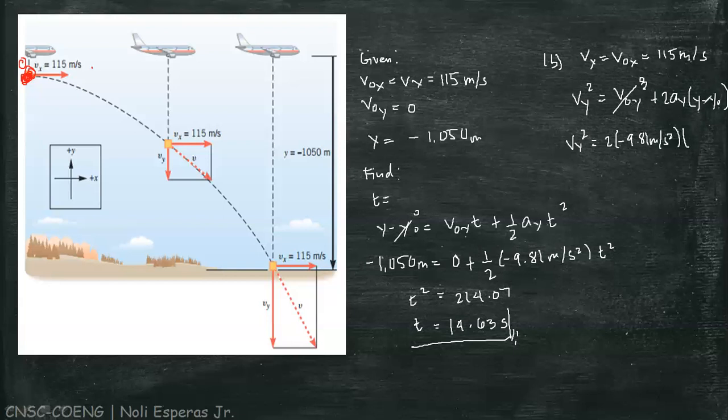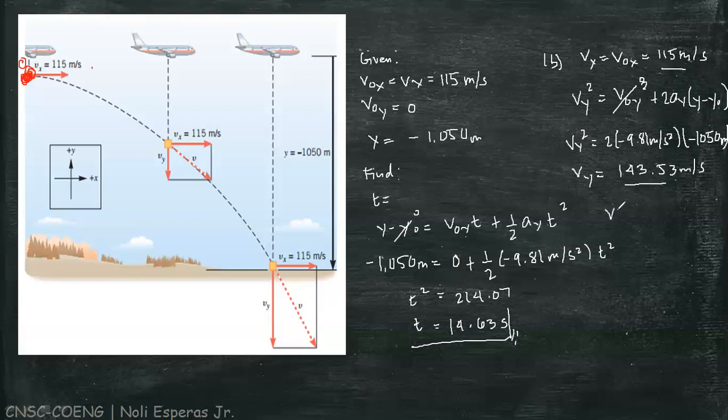And for our displacement is negative 1,050 meter. Therefore, our final y component velocity is 143.53 meter per second.